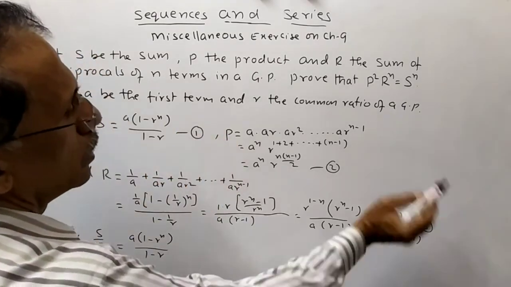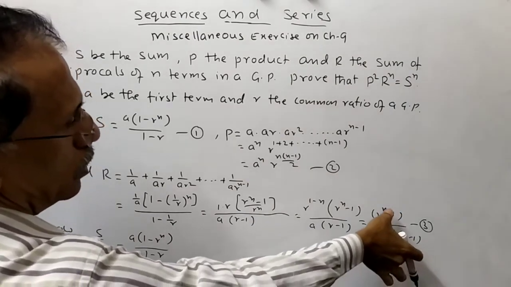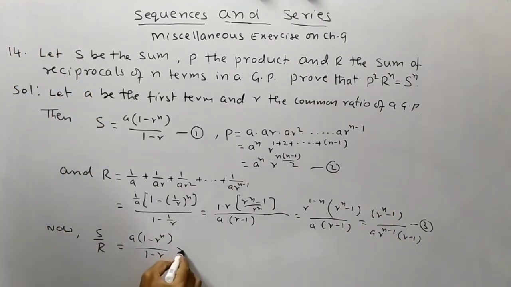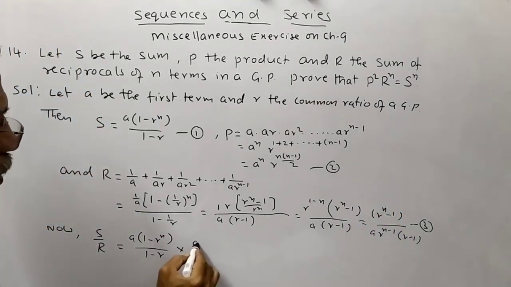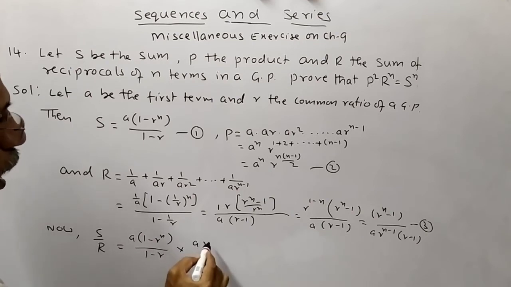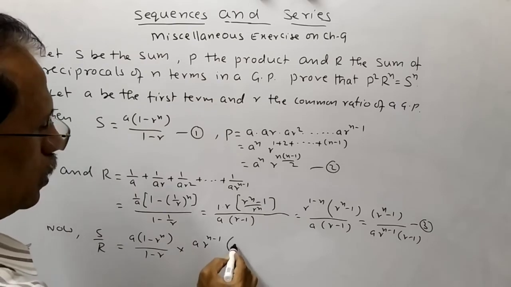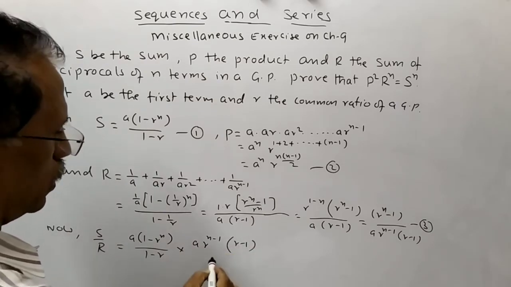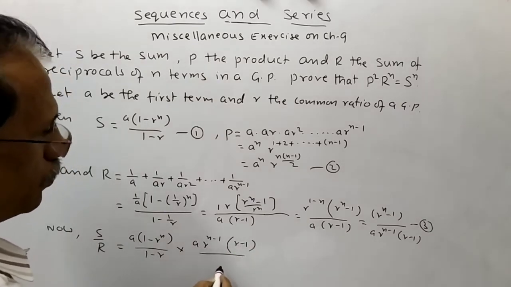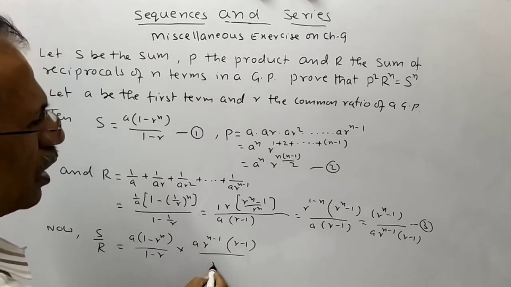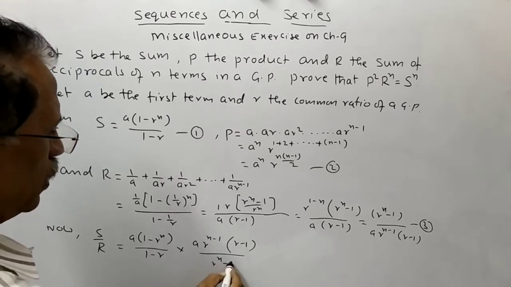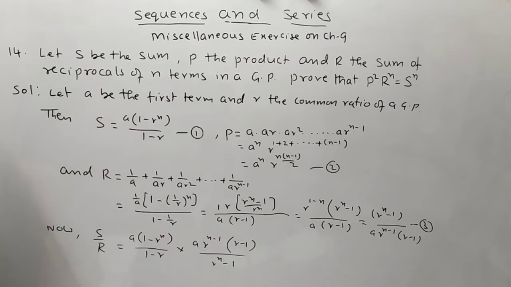So we have to take the reciprocal of this ratio, that is A into R raised to the power n minus 1 into R minus 1 divided by R raised to the power n minus 1.